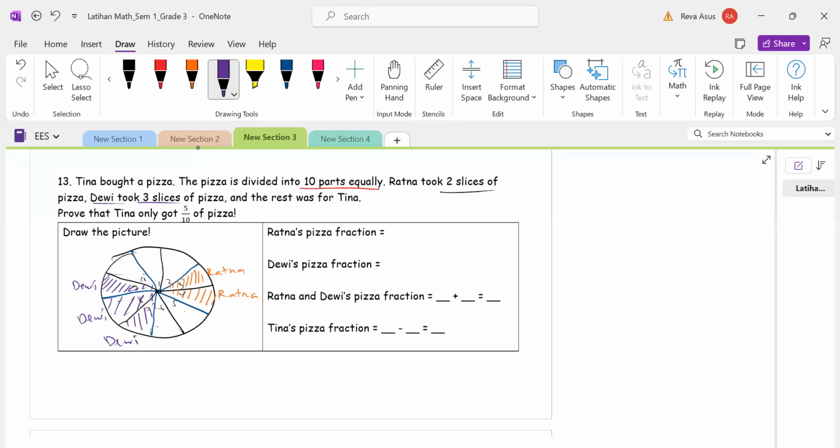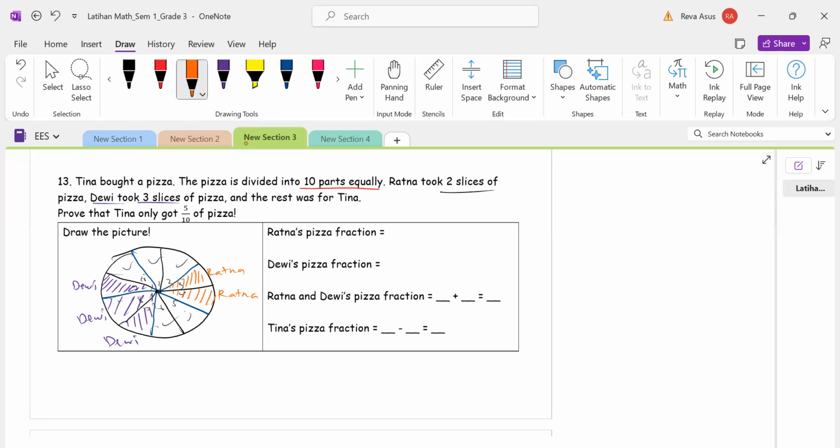Okay, so the rest belongs to Tina. Tina has 1, 2, 3, 4, 5. It's supposed to be 5 slices belonging to Tina. Remember, 5 slices. Let's write Ratna's pizza fraction.